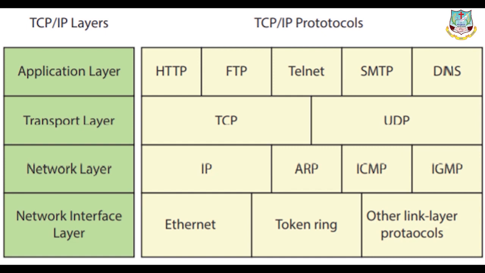And Internet Control Message Protocol means ICMP. We have seen IGMP and ICMP. ICMP is Internet Control Message Protocol. IGMP is Internet Group Management Protocol.